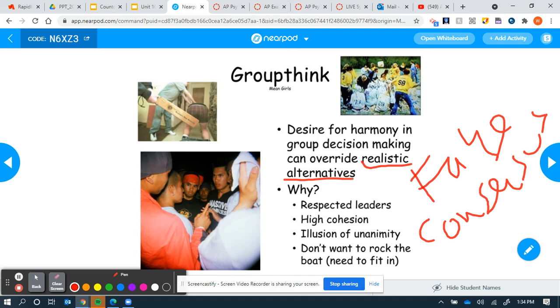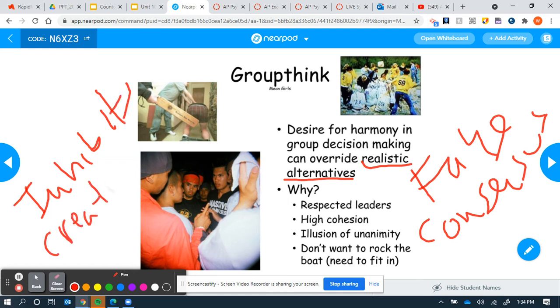Okay? And being in a group and making group decisions can inhibit creativity, because we don't want to rock the boat because of normative social influence. We're afraid that if we rock the boat, the group won't accept us anymore.